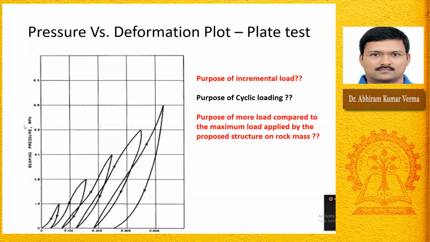The unit is megapascal, and the x-axis is the deformation in mm. So load, the stress or the pressure, is being applied through the hydraulic jack, and it reaches the first cycle maximum of 1.4. Then we are releasing the load.